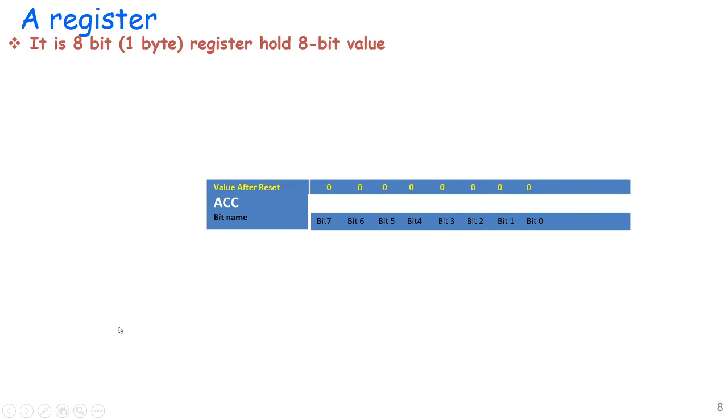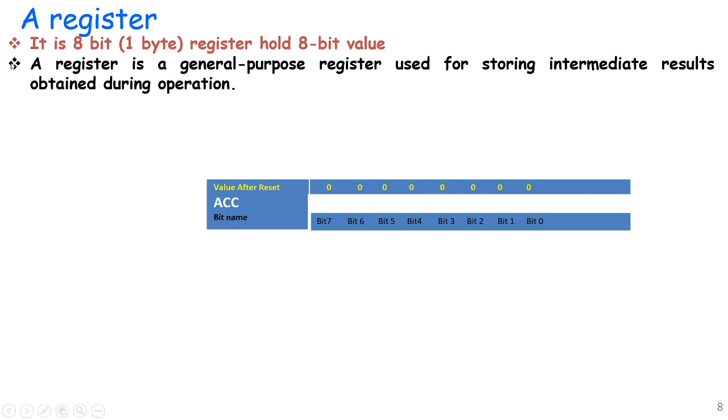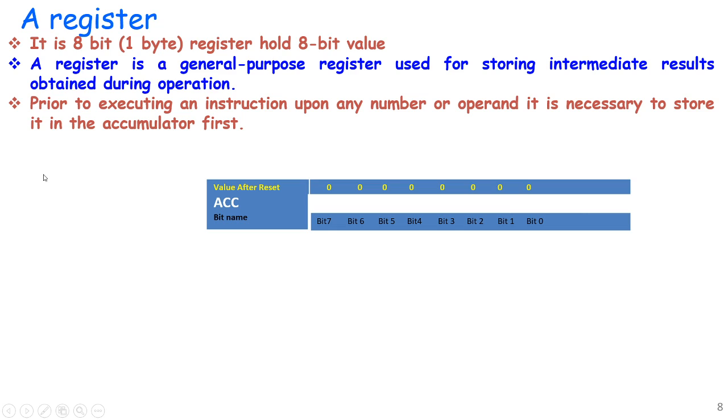Now let us see the various registers related to the 8051 microcontroller. Register A is our accumulator register. This is an 8-bit register, and it resets its value to 00 when the reset pin is activated. It always holds the 8-bit value and always holds the result when the microcontroller executes an instruction in the arithmetic logic unit.